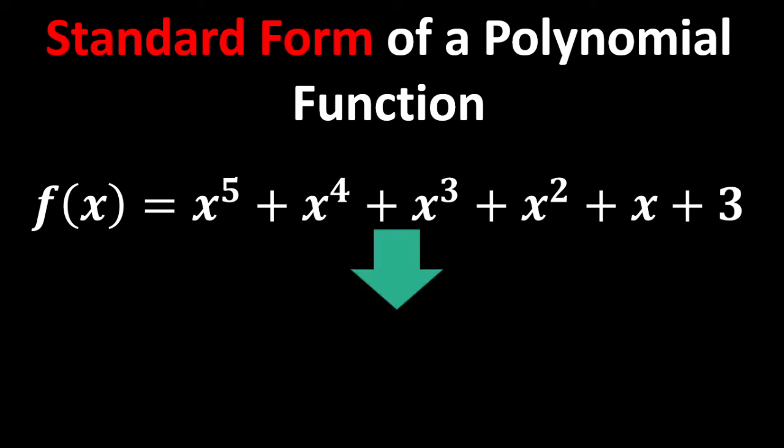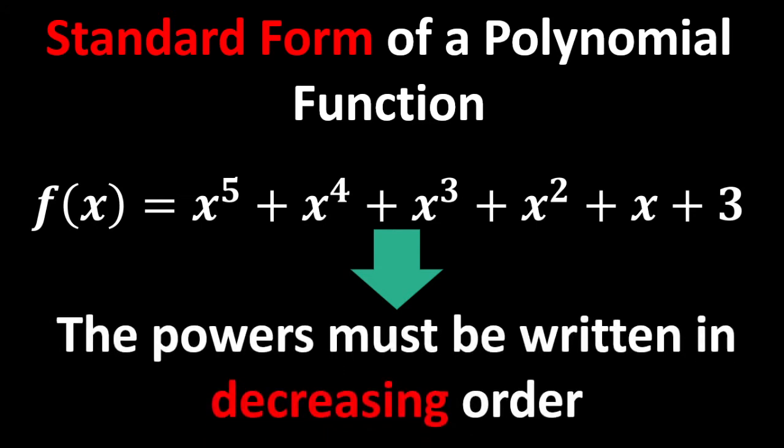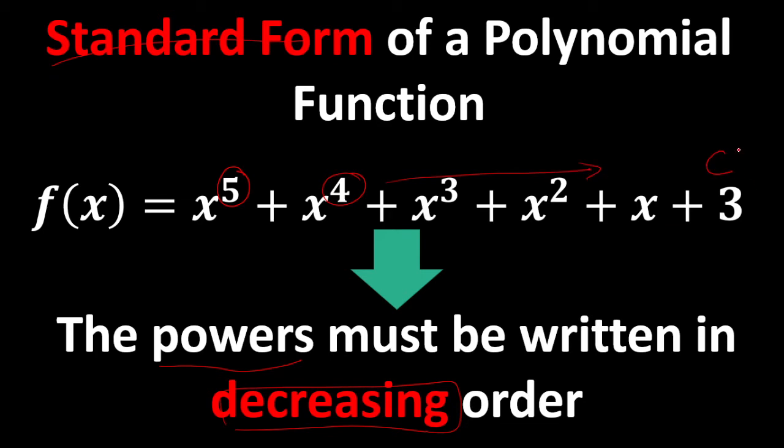So basically, it can be said that it is written in standard form if all the powers or the exponents are written in decreasing order. So from highest exponent to the lowest exponent. And this is a constant. A constant has automatically an exponent of 0. So this is a sub 0.